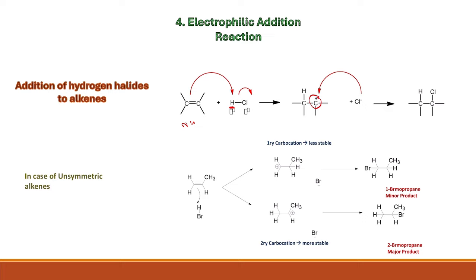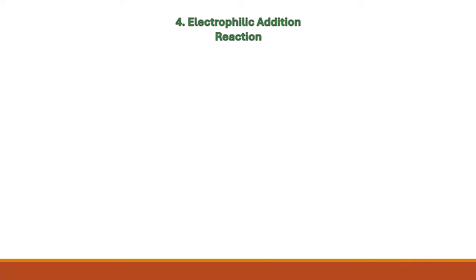So when you add the hydrogen to carbon number one, that creates a secondary carbocation, which is more stable. So when the bromide attacks this carbocation, that will give you 2-bromopropane, which is going to be your major product. The other product, 1-bromopropane, comes from the primary carbocation and will be the minor product.